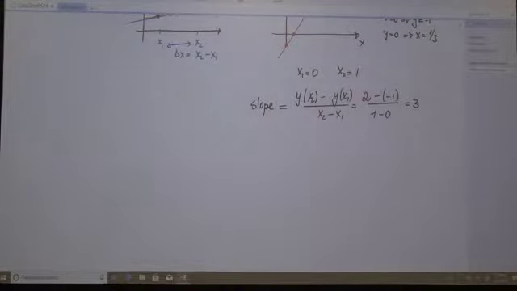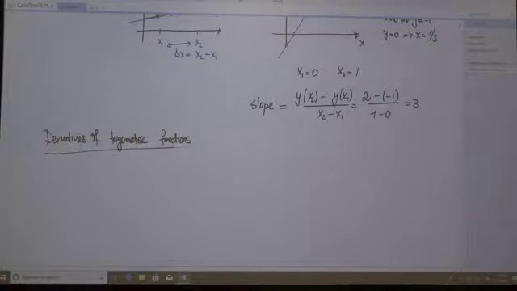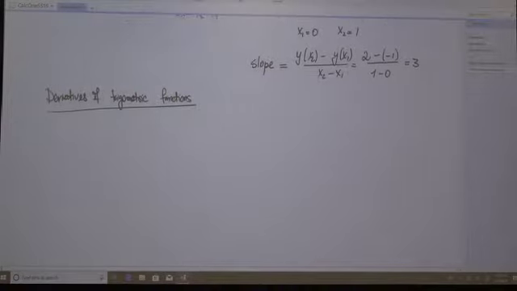Yesterday we started talking about the derivatives of the trigonometric functions, right? So we say that the derivative of the sine, or let's say f of x is equal to sine of x, we know its derivative is equal to cosine of x, right?